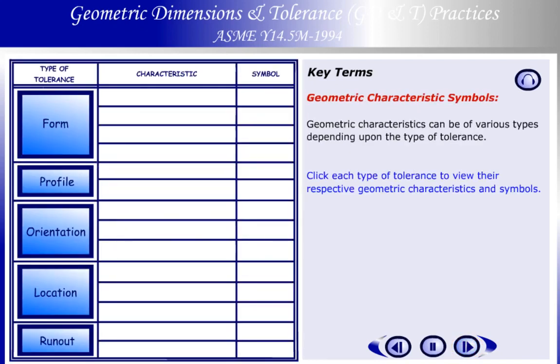Geometric characteristic symbols. Geometric characteristics can be of various types depending upon the type of tolerance. Click each type of tolerance to view their respective geometric characteristics and symbols.